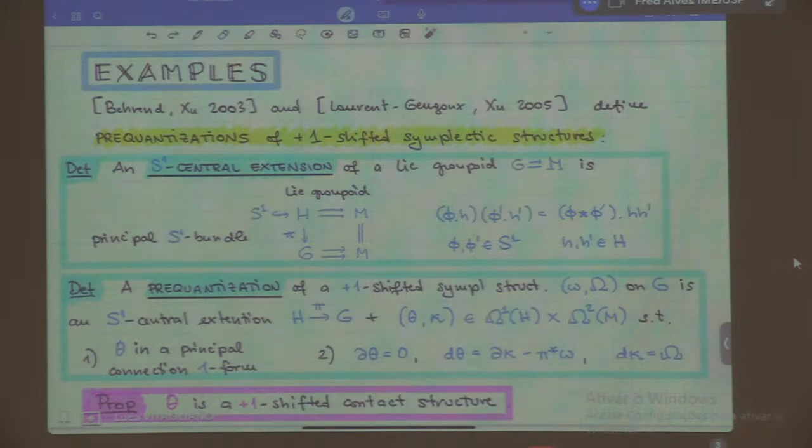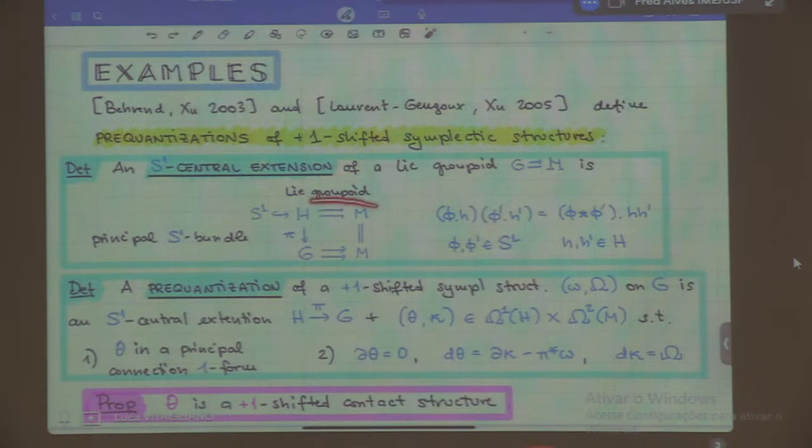And these pre-quantizations provide examples of +1 shifted contact structures, precisely as pre-quantum bundles over symplectic manifolds provide examples of contact manifolds. In order to give you a little more detail, let me remind you what pre-quantization means in this setting. First I need the notion of an S1 central extension of the groupoid, an S1 gerbe on the groupoid.